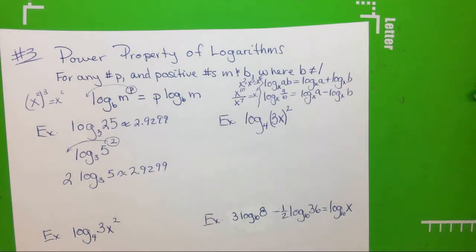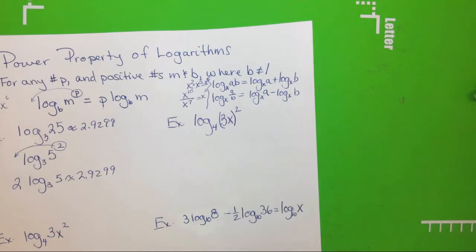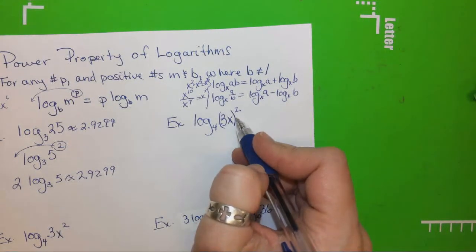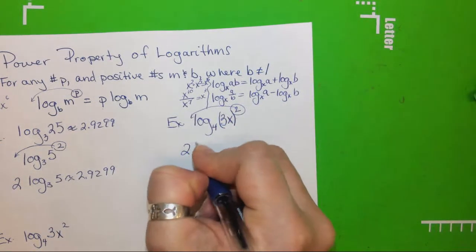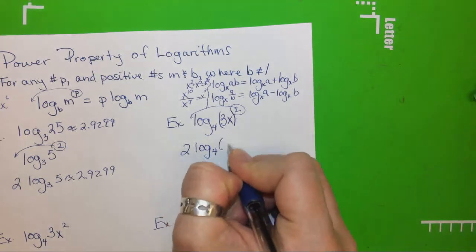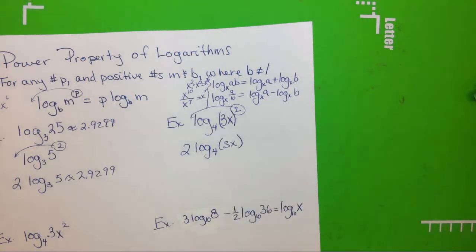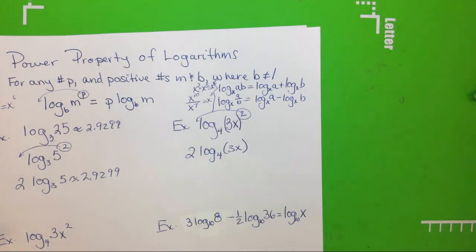So let's take a look at this guy. We are going to expand him. That's our goal, is to stretch it out. So we have a 2, so we're going to pull the 2 to the front. So 2 times log base 4 of 3x. Now, can we expand that a little further?